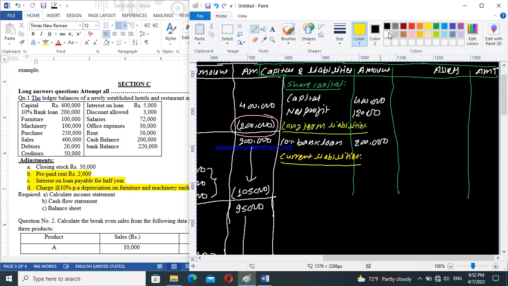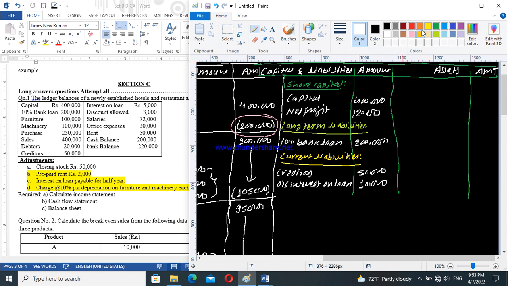Current liabilities involve we have creditors 50,000, outstanding interest on loan 10,000, and next one we have any kinds of items. Okay, that's all. Move on.